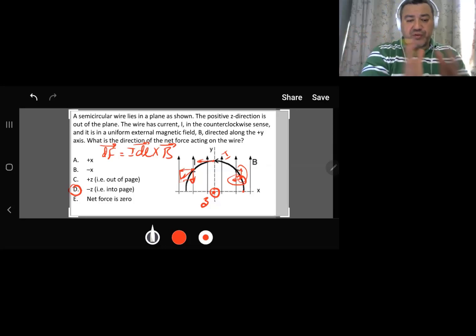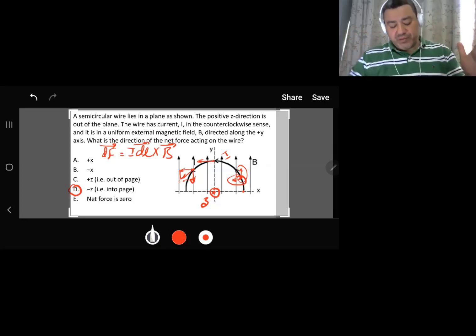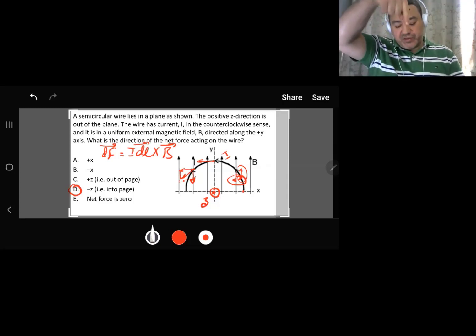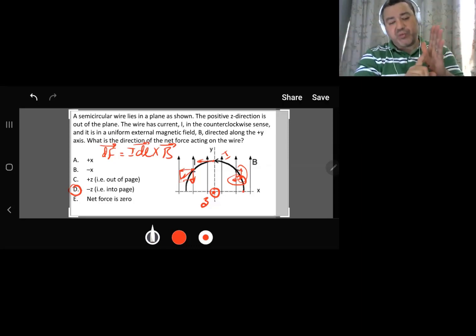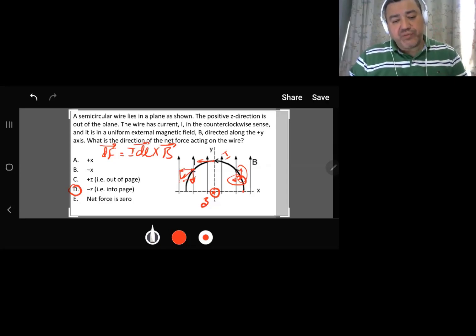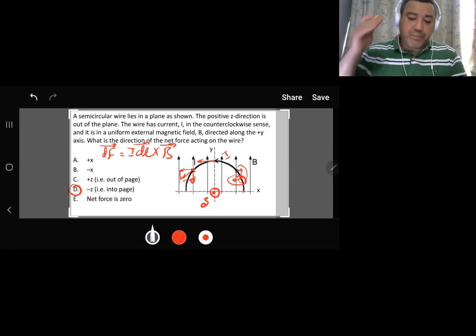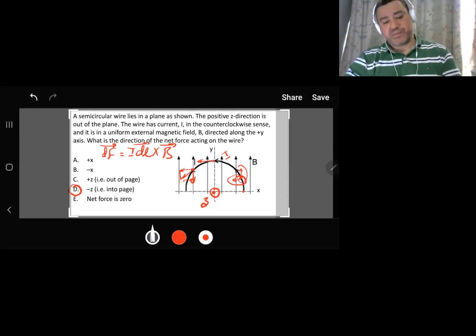The same for the second half of the semicircular shape: the vertical component pointing downward is anti-parallel with the magnetic field, resulting in a cross product of zero as well. So the only component that is affecting is the horizontal component, and as you can see, those horizontal components all point in the same direction.